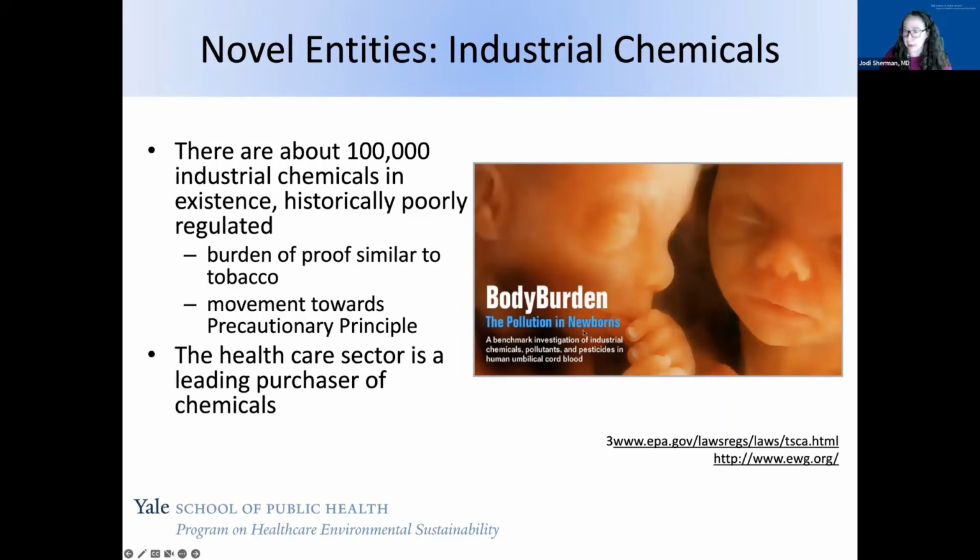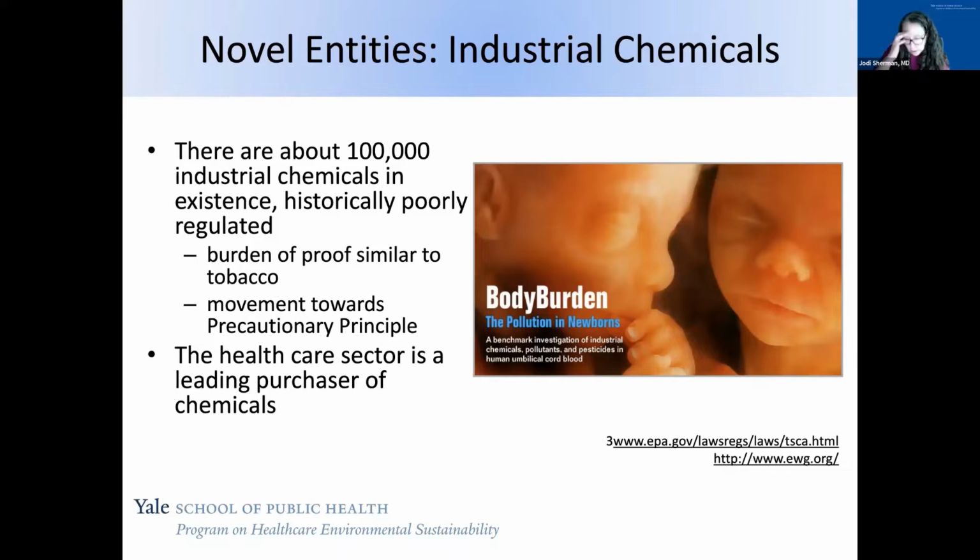This is a famous study by the Environmental Working Group that looked at newborn cord blood samples across the United States, looking for 267 at that time, this is more than 20 years ago now, chemicals of concern. It was a small study, but shockingly, every single one of those newborn cord blood samples across the United States had virtually every single one of those 267 chemicals.